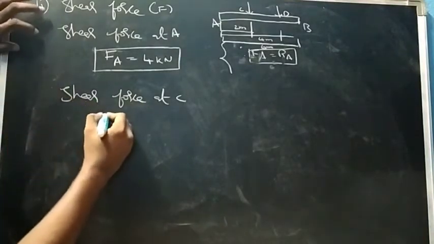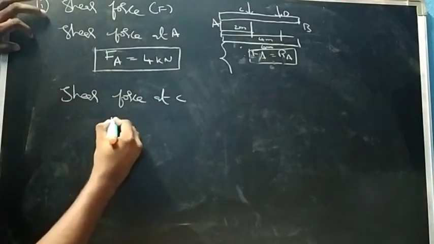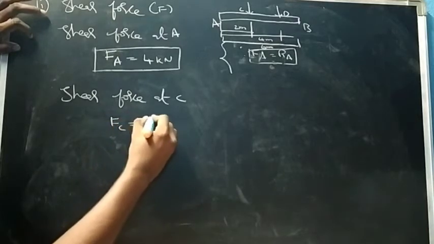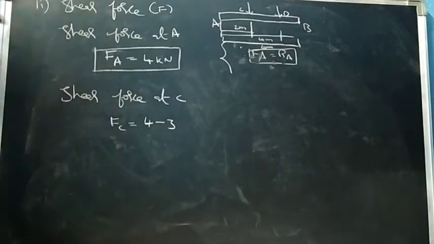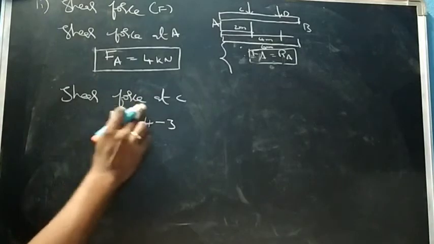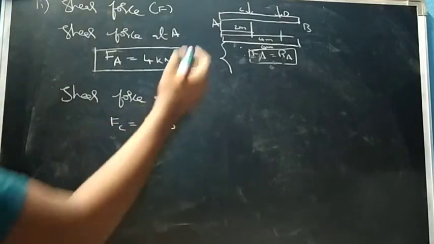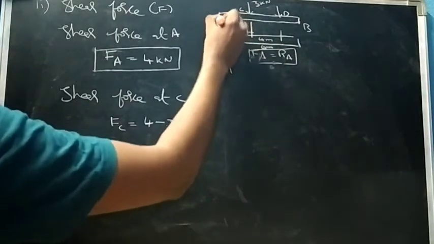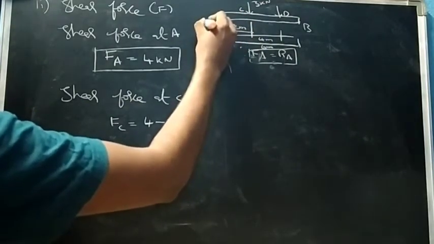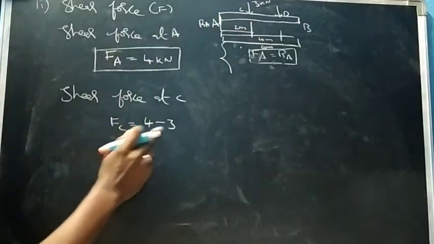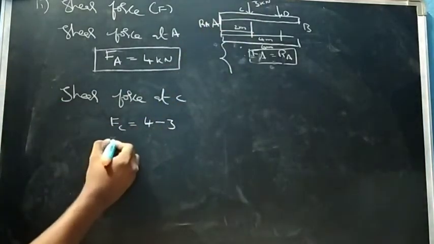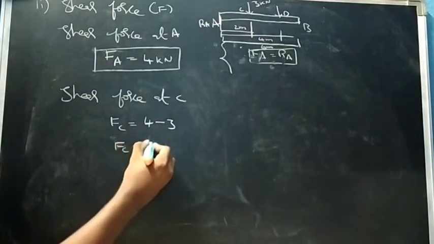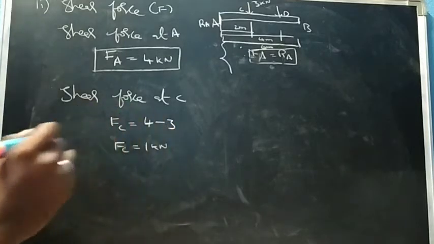Now FC equals 4 minus 3. Shear force at C, FC equals 4 minus 3 kilonewton. So that is 4 at RA, we know, 4 minus 3 kilonewton. We got FC equals 1 kilonewton, right?